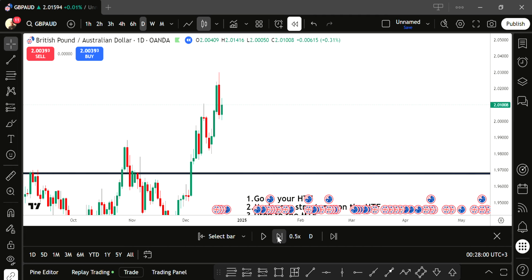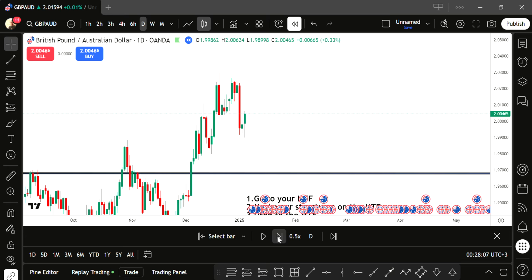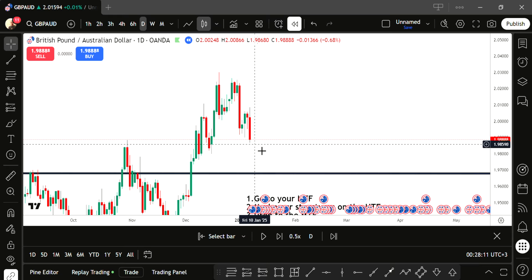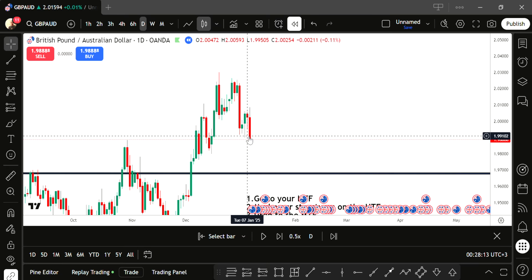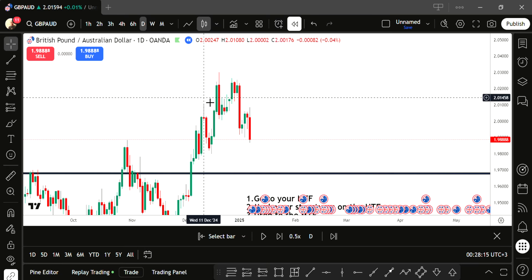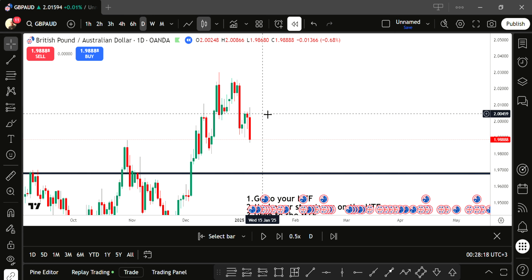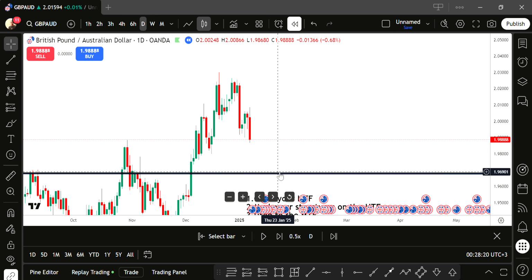So now I'm just going to play price forward. You see, when I play price forward, price rejects, and then immediately it drops down. Now as price is dropping, I'm not interested in anything that it is doing. The only thing I want to see is price come back to my zone, which is my point of interest, and then I'll start looking for buys.